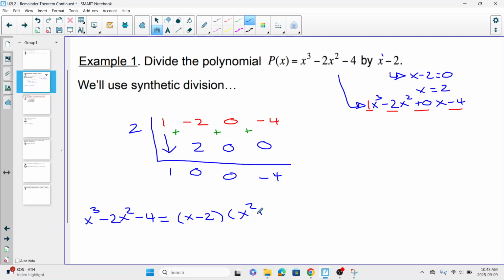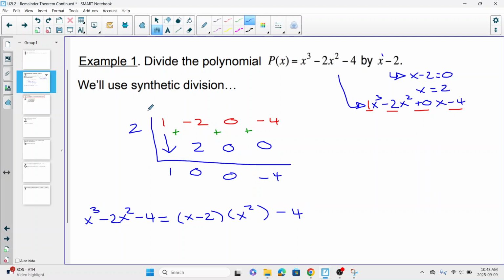This 0x would be plus 0x plus 0, right? We have those descending terms, but we don't need to write that. So we're just going to write times x squared, and then our remainder is minus 4. If we were to distribute this, we'd have x squared multiplied by x, which is x cubed. We'd have x squared multiplied by negative 2, which is negative 2x squared, and then we'd have our remainder, negative 4. So our left side equals our right side, so we know that we've done it accurately.